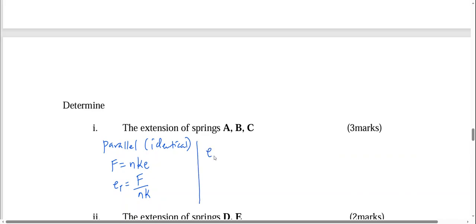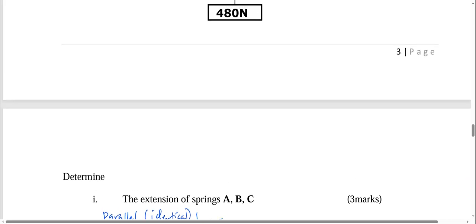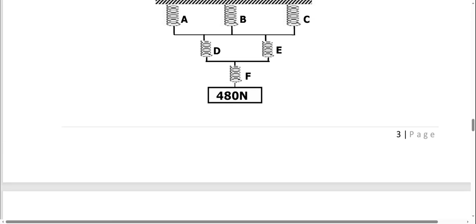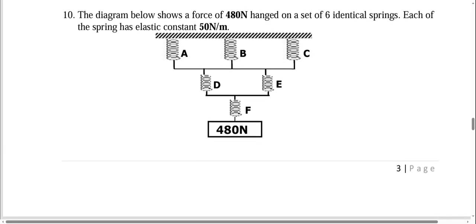Back to the formula, E total will be the total force, which is 480 Newton, all over the number of springs, which is 3, multiplied by the spring constant, which is 50 Newton per meter, as given from the question above.